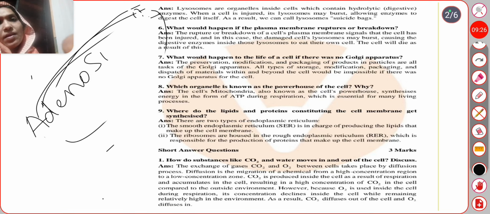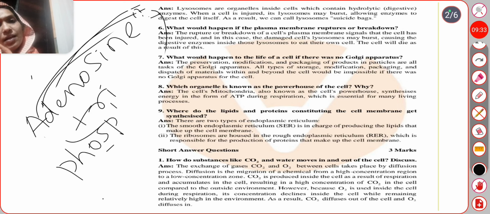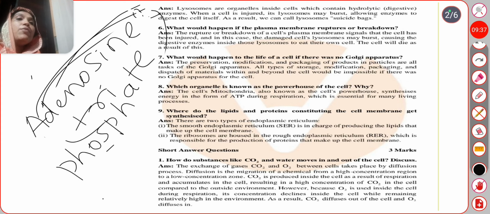During the respiration process, energy is released in the mitochondria in the form of adenosine triphosphate. That's why mitochondria is called the powerhouse of the cell.